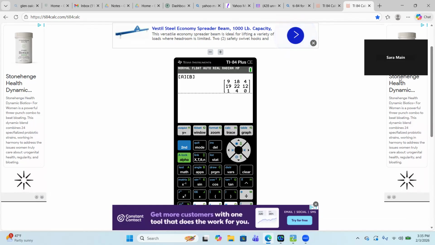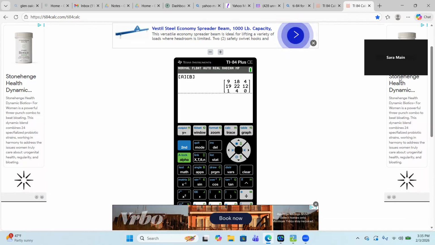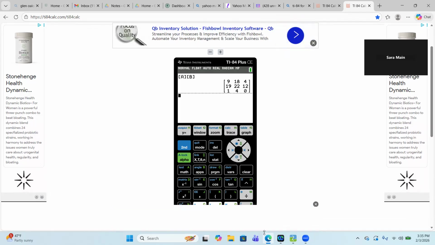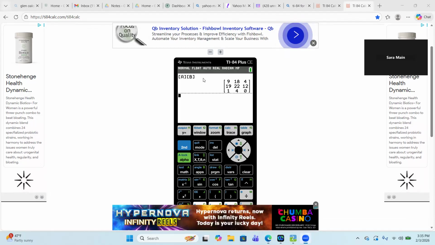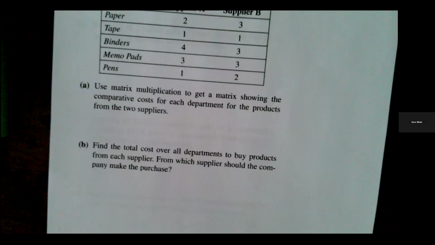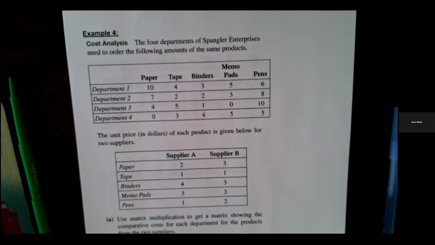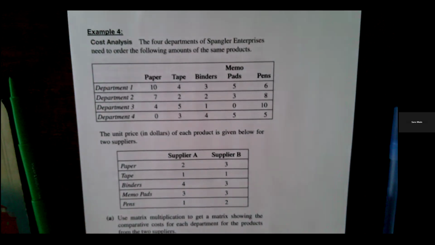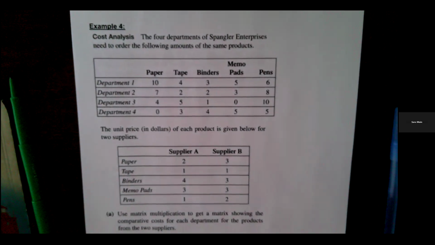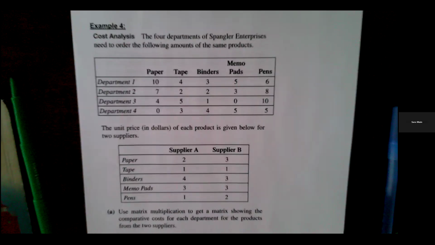Okay. So let's go ahead and flip the page. And now, again, it says cost analysis. The 4 departments of Spangler need to order the following amounts of the same products.